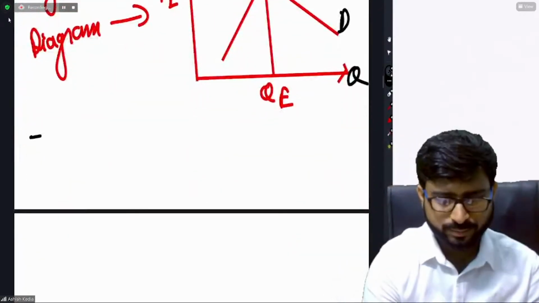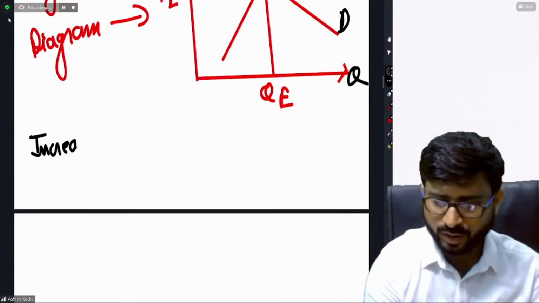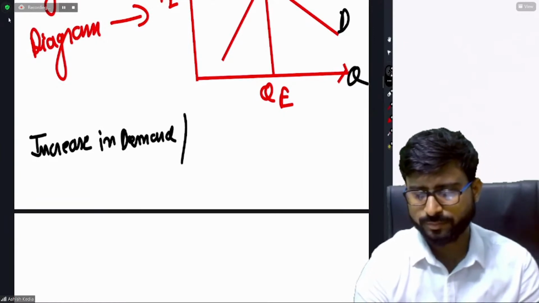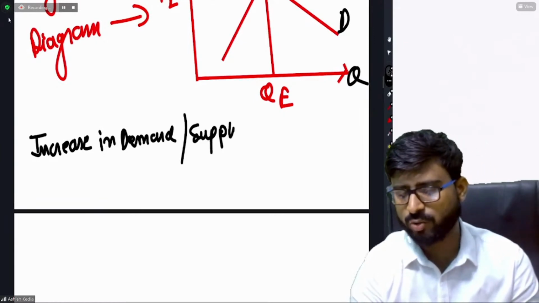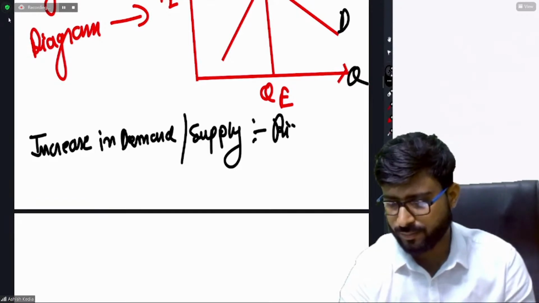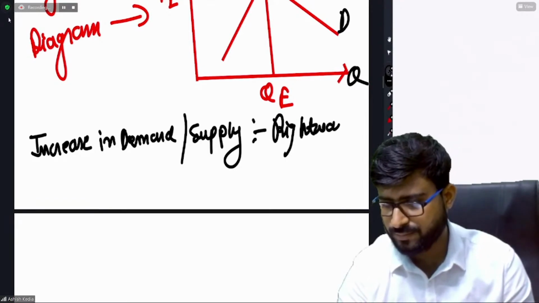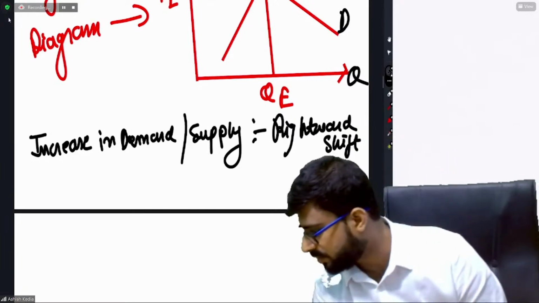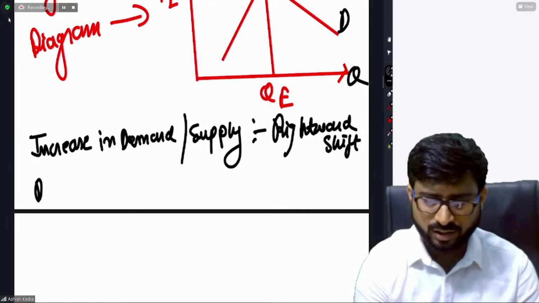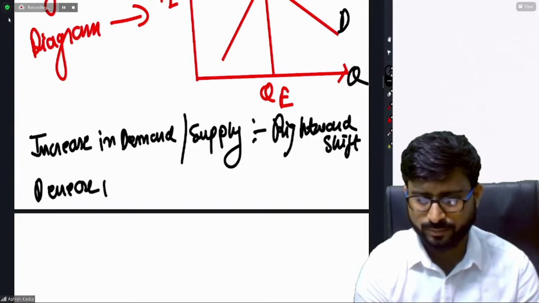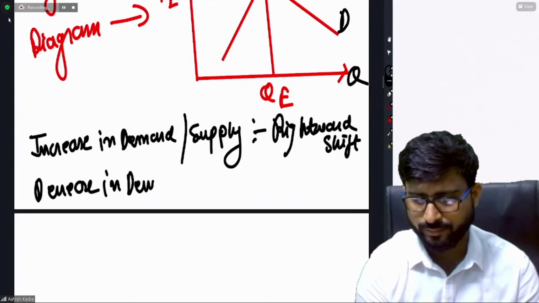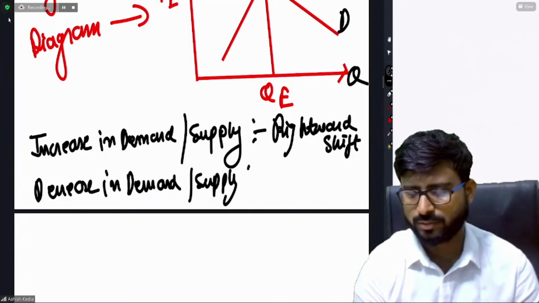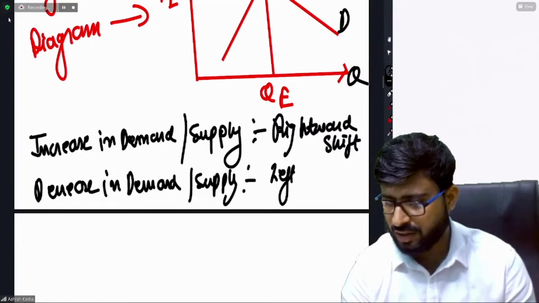And you all know, increase in demand or supply results in what type of shift? Remember, rightward shift. Yes, sir, you have taught us. And decrease in demand or supply is leftward shift.